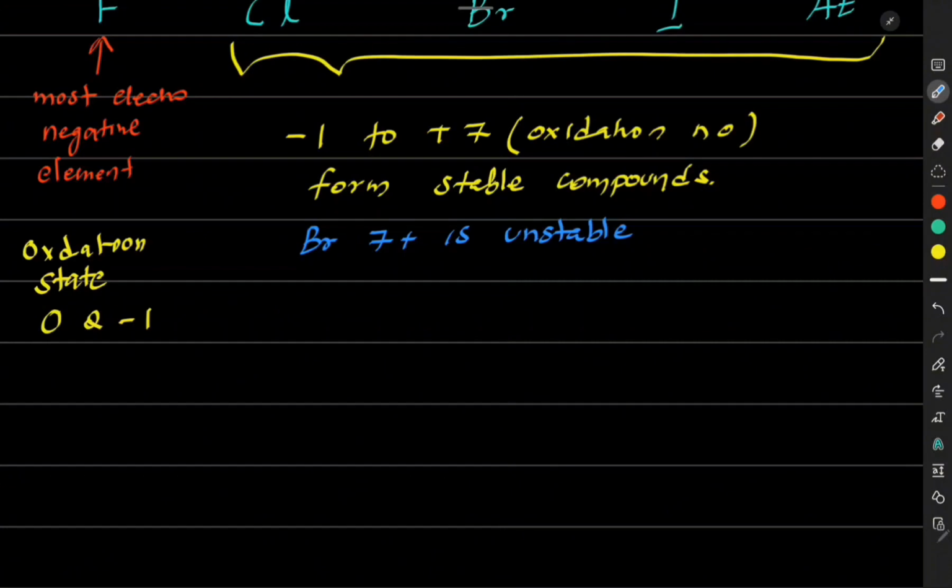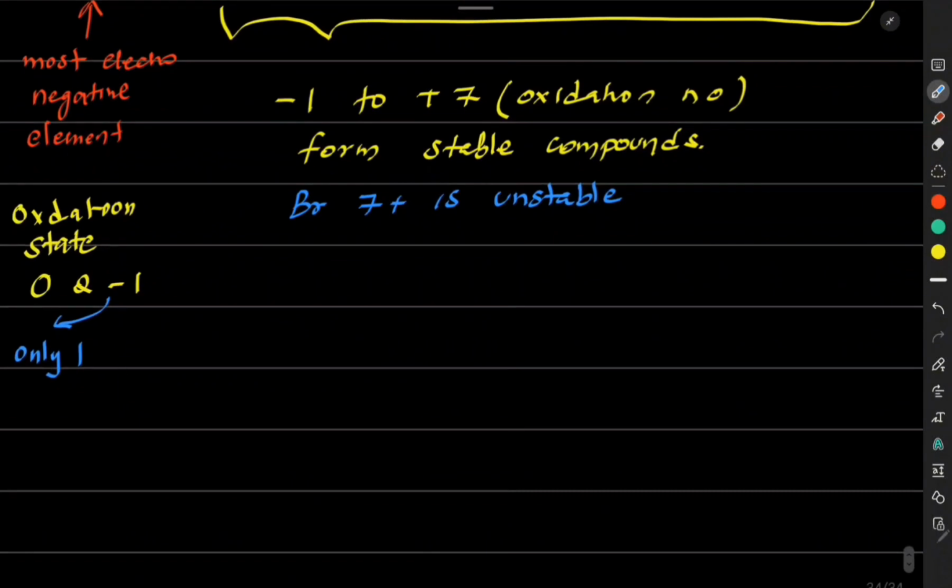Why does fluorine have only one oxidation state? It is due to its small radius.